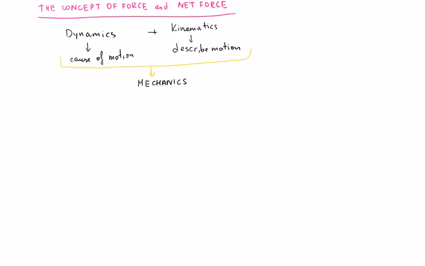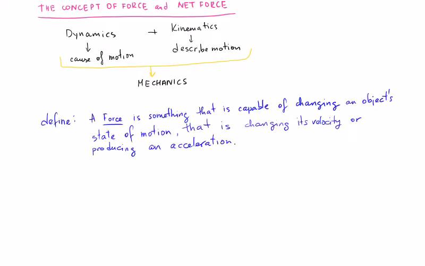This concept leads to a common definition of force. A force is something that is capable of changing an object's state of motion, that is, changing its velocity or producing an acceleration. The word capable is very significant here.